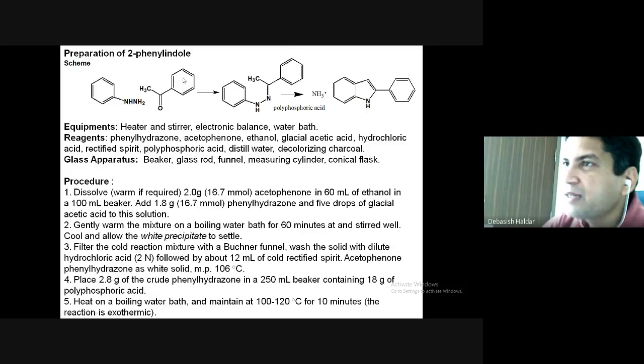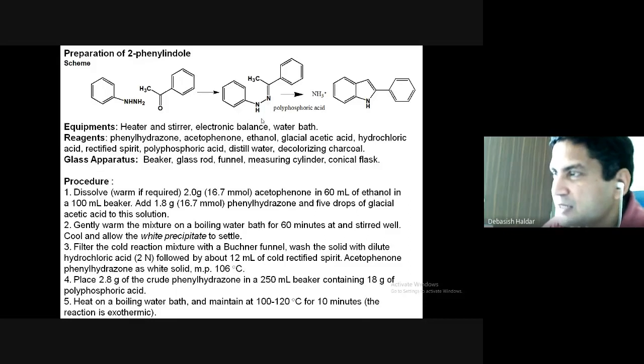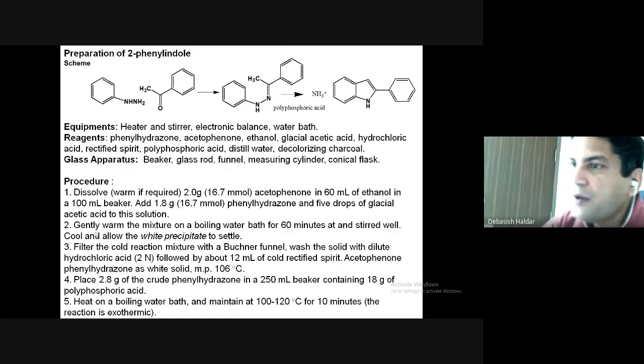Okay. This will react, you know the reaction already, you are going through organic mechanism classes, organic synthesis classes, and so we'll prepare this first intermediate. For that purpose we need to gently warm the reaction mixture on a boiling water bath. Be careful, it is not direct heating on a heating mantle.